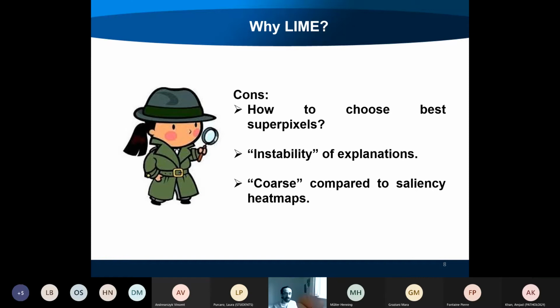There's also the issue of instability. We have some slides discussing this a little bit more. Instability basically means that if you run Lime several times for the same image, you might get different answers, right? And you'd theoretically like to always get the same answer. And also Lime is coarse compared to other types of saliency heat maps that might give you, for each pixel individually, instead of these blocky, chunky superpixels, whether it contributed for or against the classification, which gives you more detail.